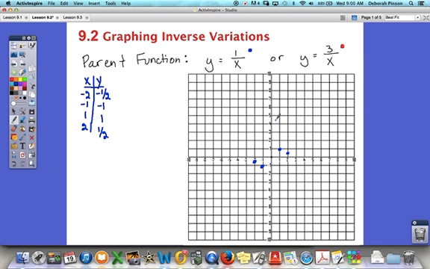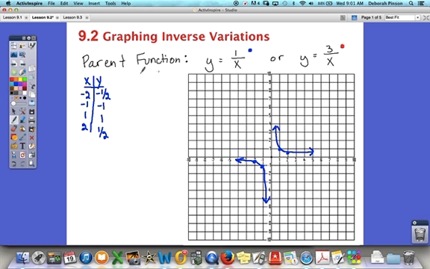Now here's what your graph of these type of parent functions looks like. They are going to approach both axes, the y-axis and x-axis, and have two separate little curves.